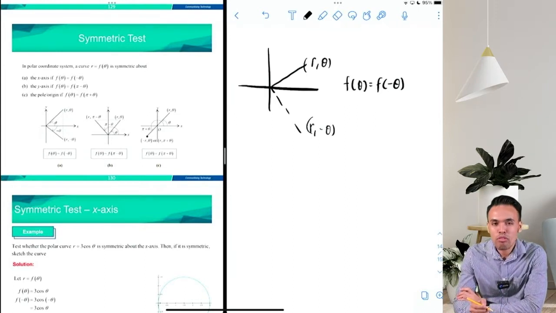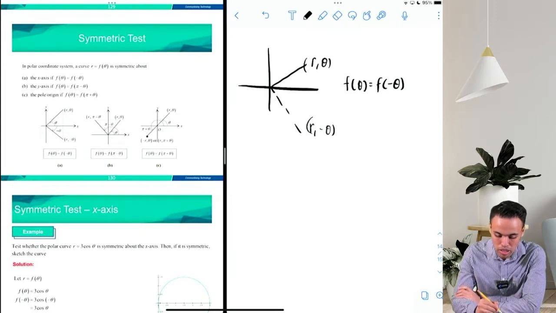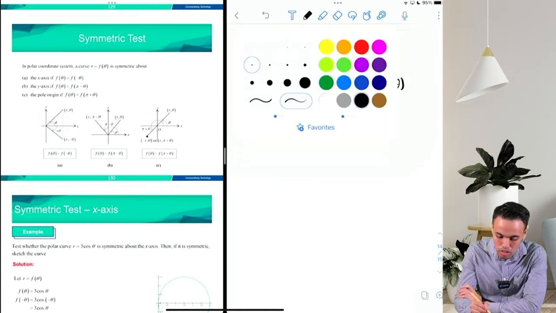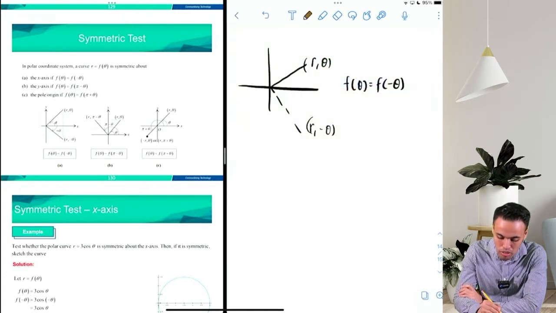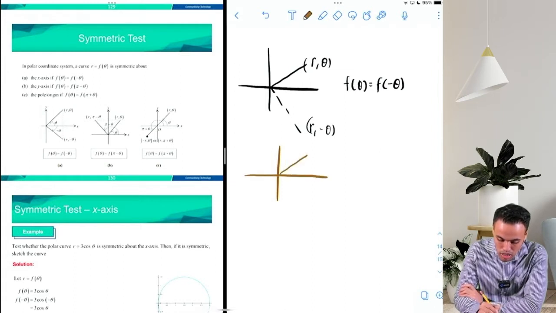Let's move on to the next expression, which explains the symmetry of the curve about the y-axis. If this is theta, then this is also theta. Therefore, the value here is pi minus theta.